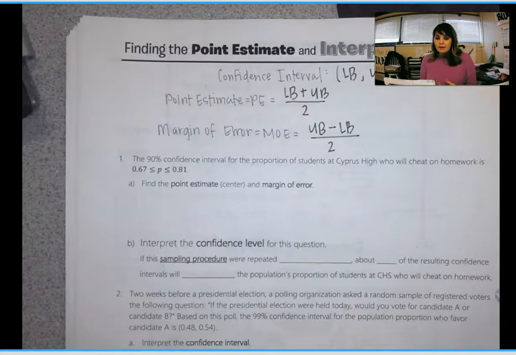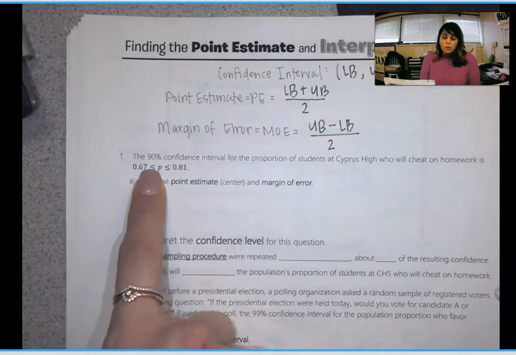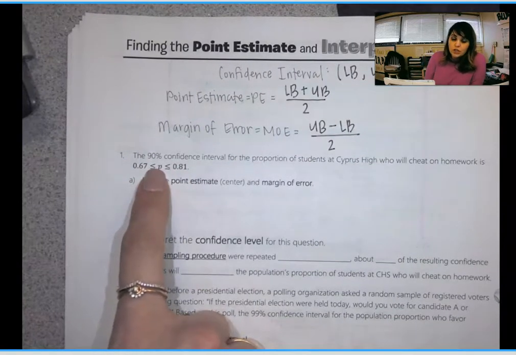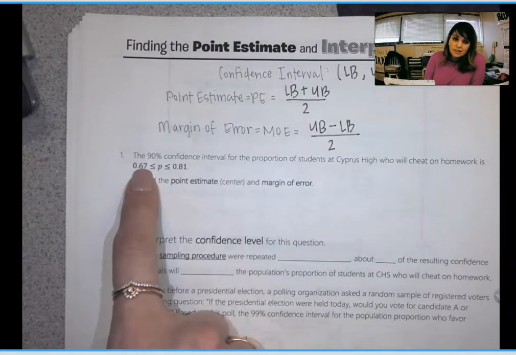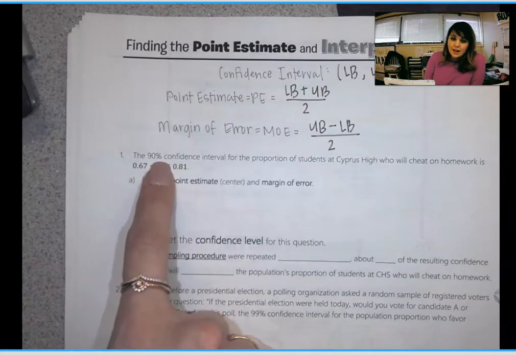Based off of that p hat, we have this confidence interval. What this confidence interval says is that the true proportion of students that will cheat on homework is between 67% and 81%. We're 90% confident that's true.